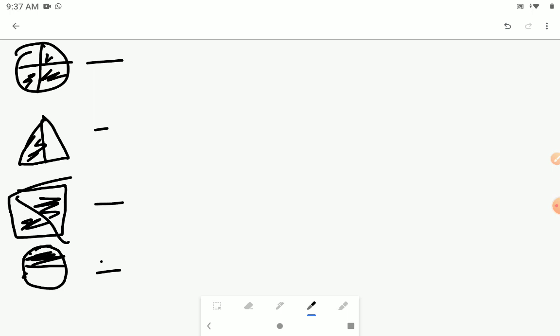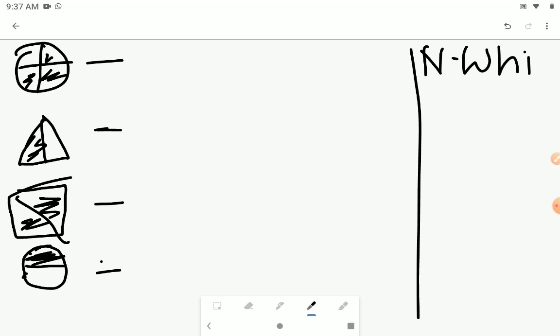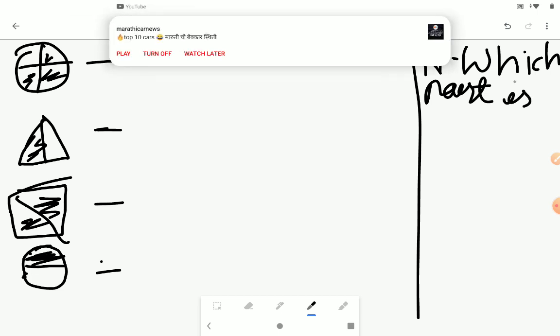Okay, now here is your question. Now see in here, fraction is a part of a whole. What is a numerator? Numerator means which part is shaded.